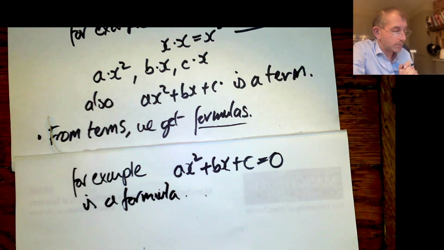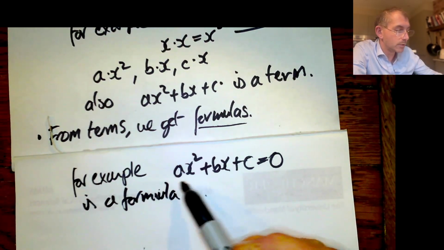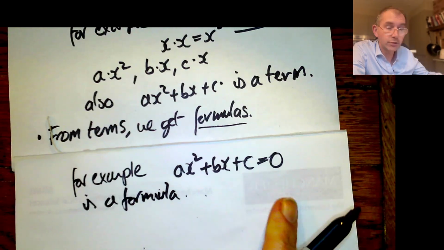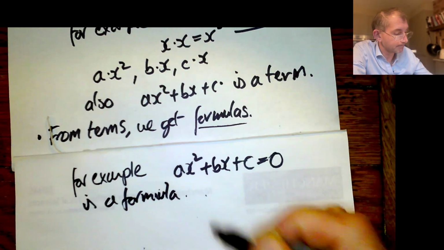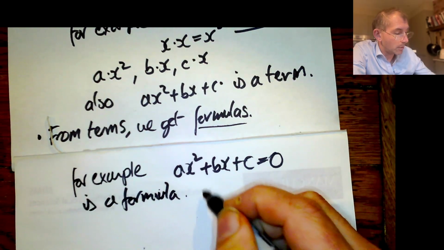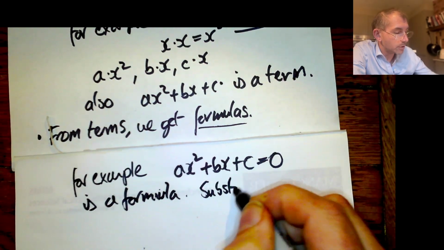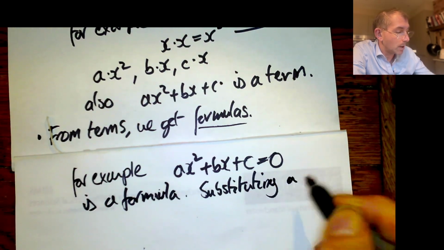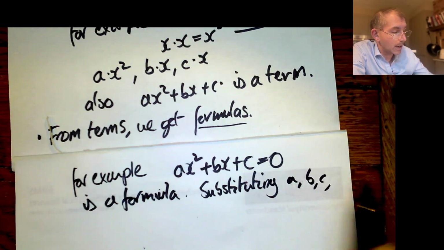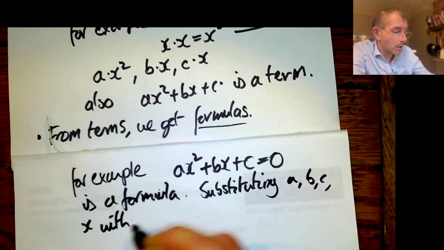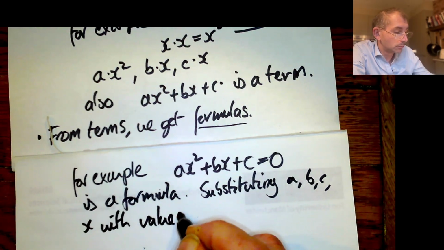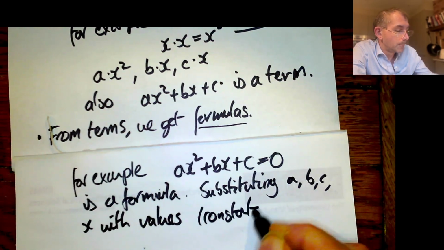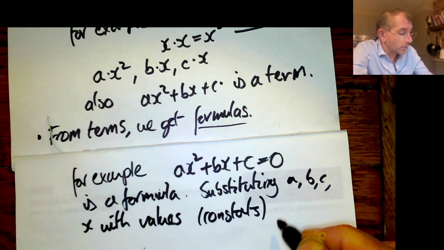And the reason it's a formula is because if I substitute values of a and b and c and x in here, I can decide whether this is true or not. So substituting a, b, c and x with values which are constants, I can decide whether this is true or not.